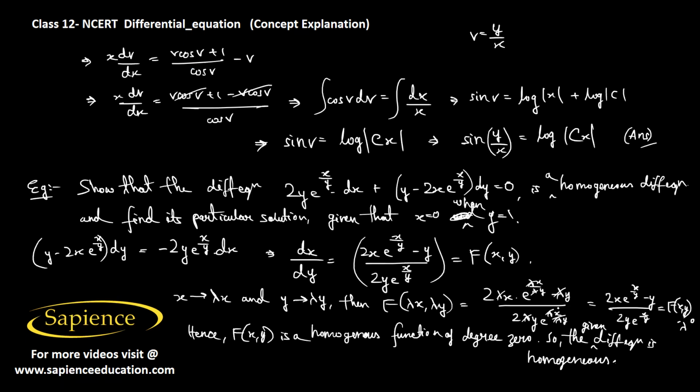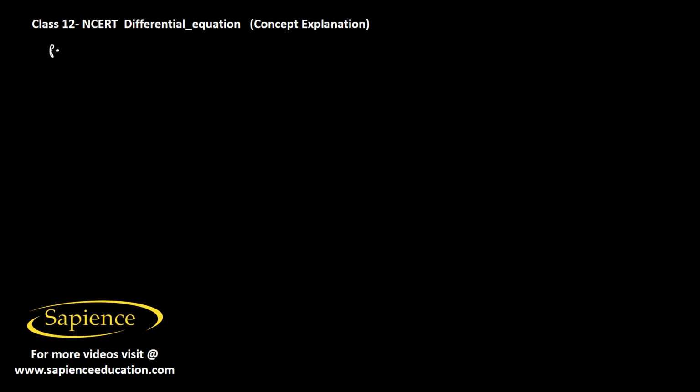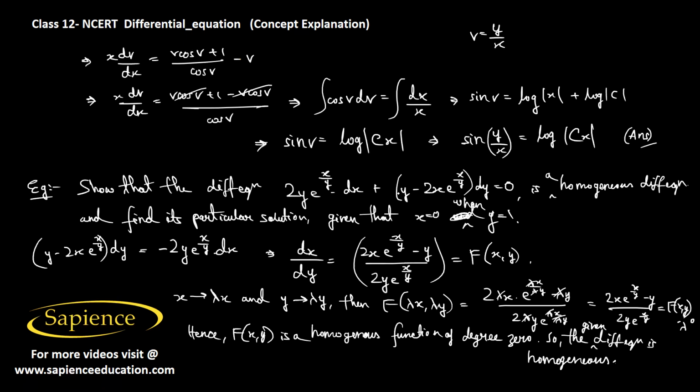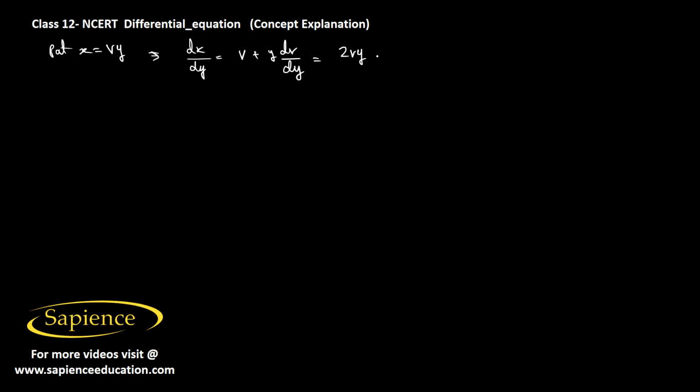And then, here it is in the reverse case, meaning here it was dy by dx, but here it is dx by dy. So here we should put x equals vy instead of y equals vx. Then dx by dy will be nothing but v plus y dv by dy, which will be equal to this function. So x will be vy, and x by y will be v, obviously.